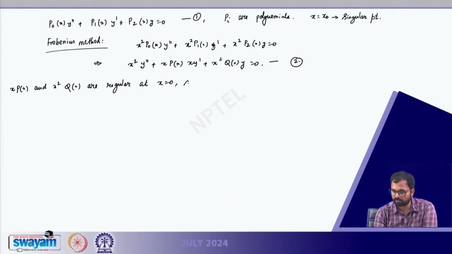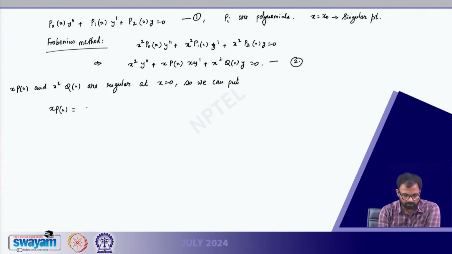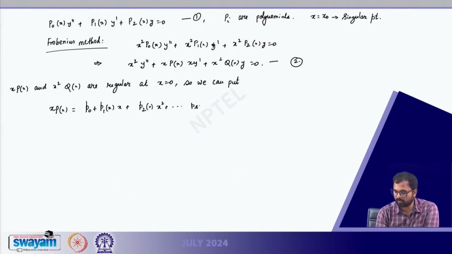So, we can put x p x as p0 plus p1 x plus p2 x square plus dot dot and so on, ps x to the power s plus dot dot and so on.